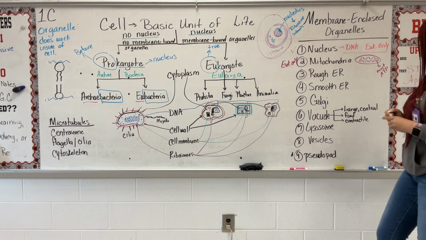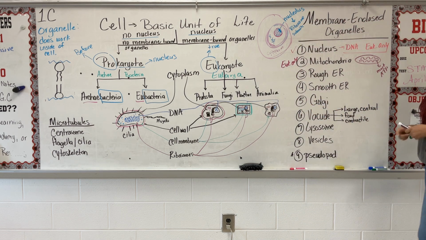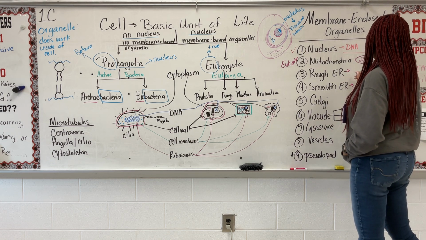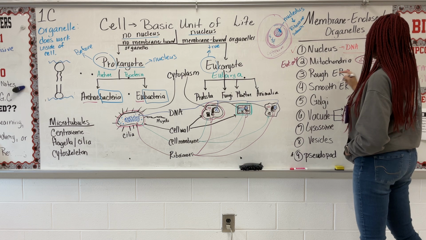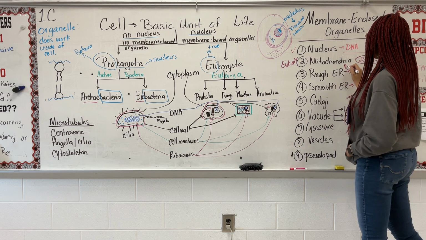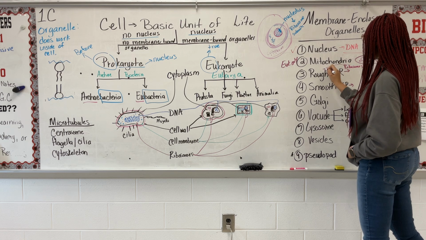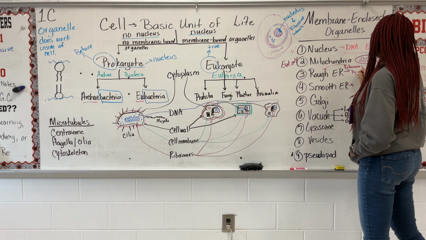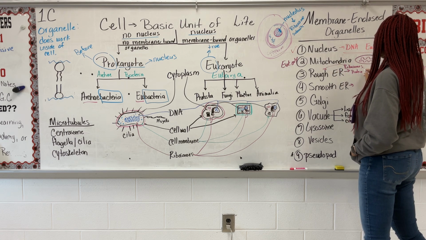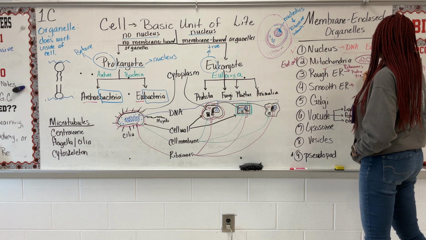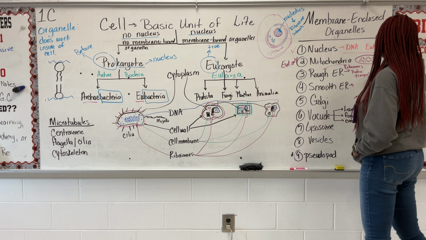The next thing you have is going to be your rough ER. The function of ER in general is to transport things. The rough ER has ribosomes attached. The ribosomes are what make it rough. And the proteins that are going to be secreted into this ER are going to be transported to the Golgi.